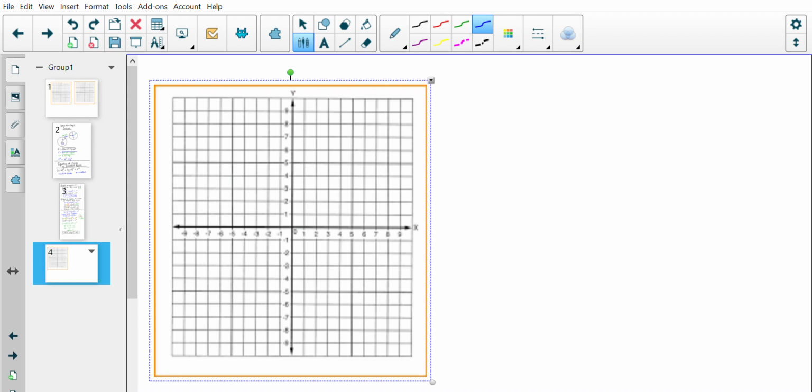Okay, so let's say I gave you a graph, and the points on the rim are the points 1, 1, 3, 3, 1, 5, negative 1, 3, and my center point is the point 1, 3. And there's our circle.